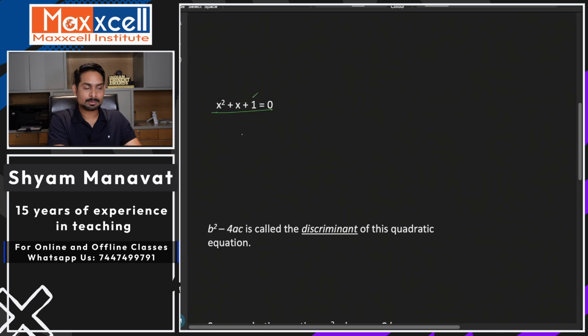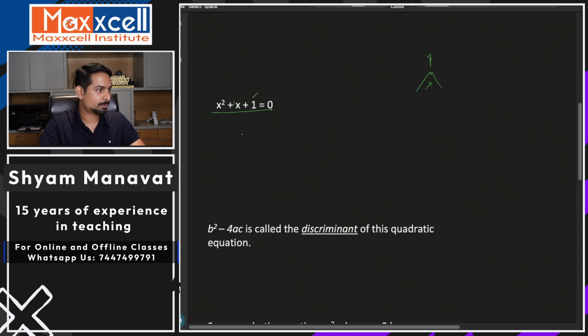Can you solve this equation by using the splitting the middle term or factorization method? Can we split this 1 into 2 parts such that the product is 1, and by adding both of them you get again 1? No, you will not be able to find any integer or natural number like this.